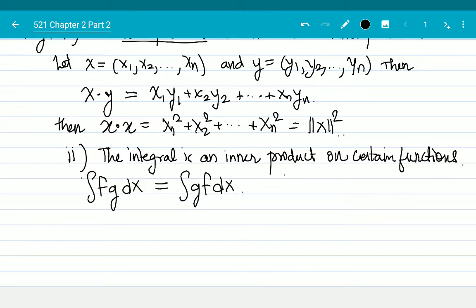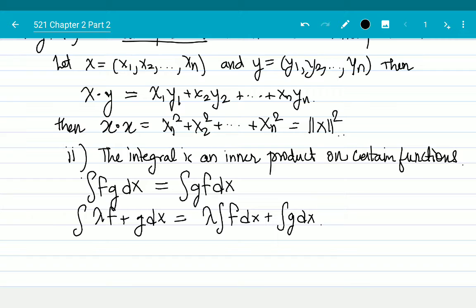And the integral of lambda f plus g dx is equal to lambda times the integral of f dx plus the integral of g dx, and the integral of f f dx is equal to the integral of the absolute value of f squared dx, which is always greater than or equal to 0 because it's a positive function.